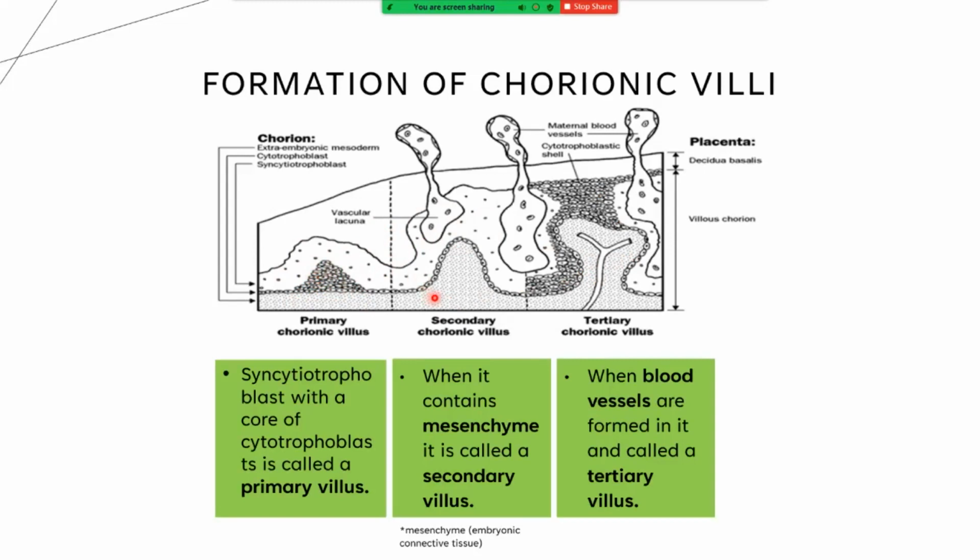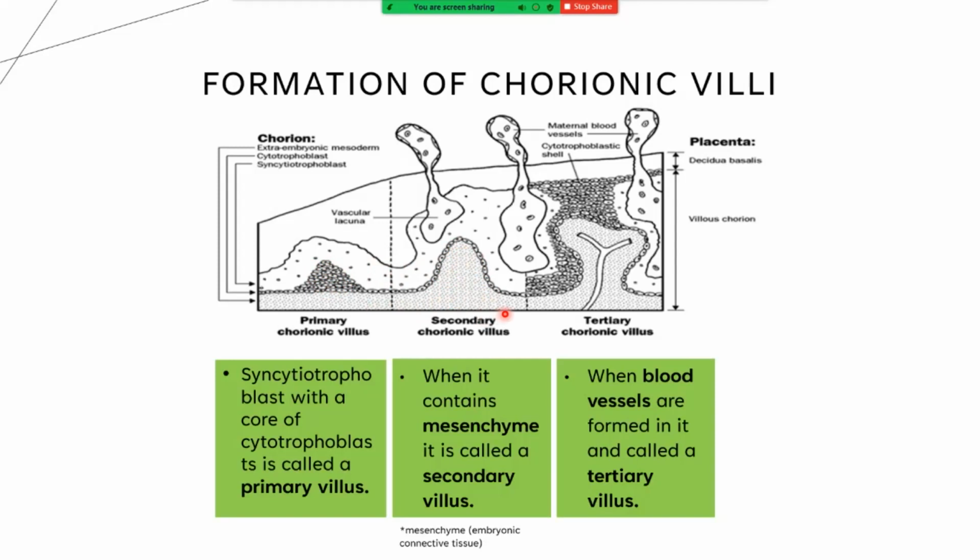Secondary chorionic villi: in secondary chorionic villi, these cytotrophoblasts are no longer in the middle of the villi. They are now replaced by the mesenchyme. Mesenchyme is the tissue of the extraembryonic mesoderm.